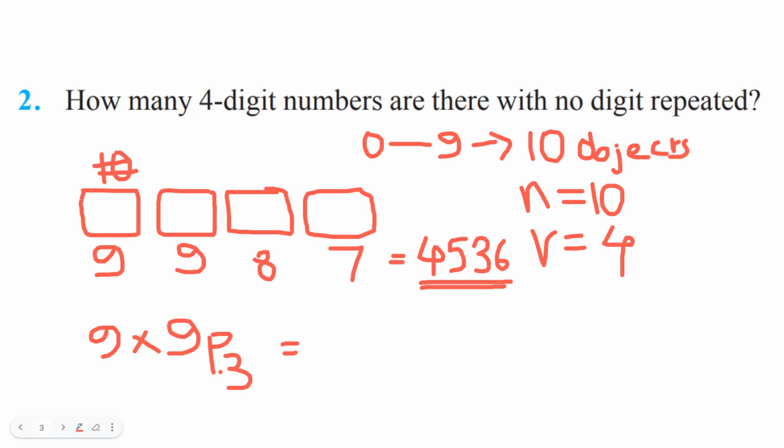9P3 is 9 factorial divided by n minus r, 9 minus 3, 6 factorial, multiplied by the 9. 9 factorial divided by 6 factorial is 7, 8, 9.